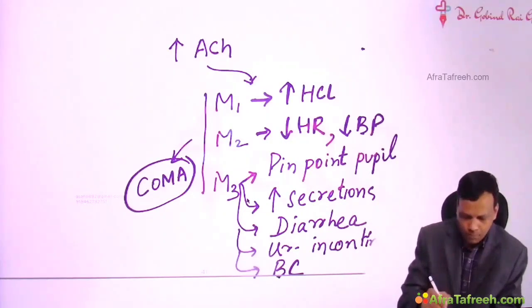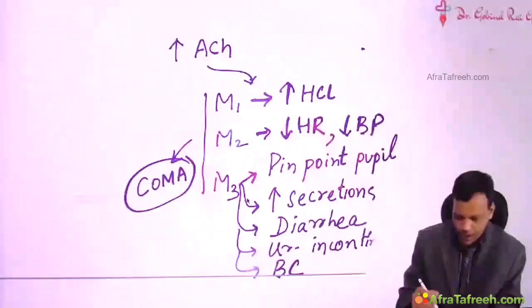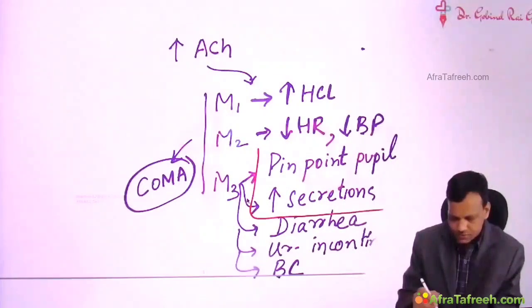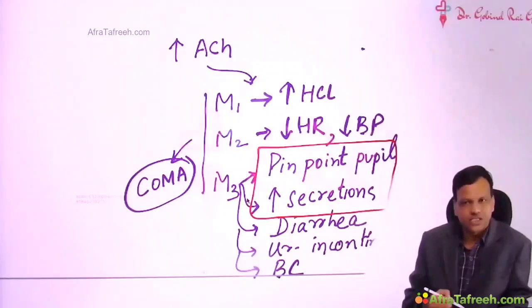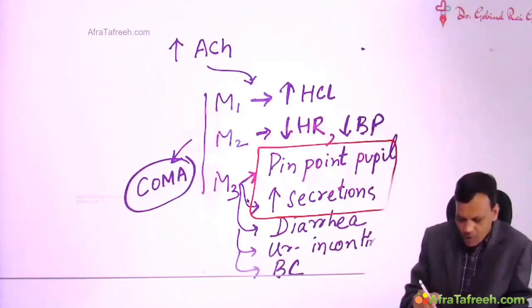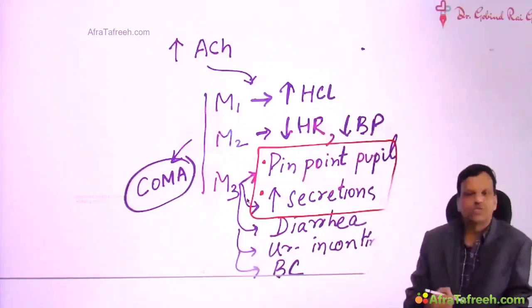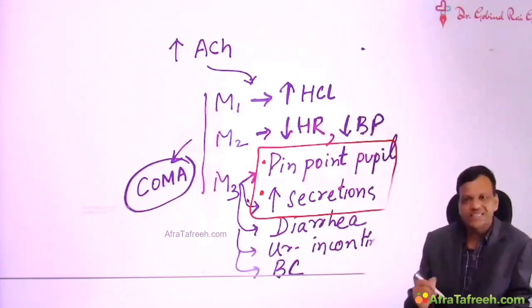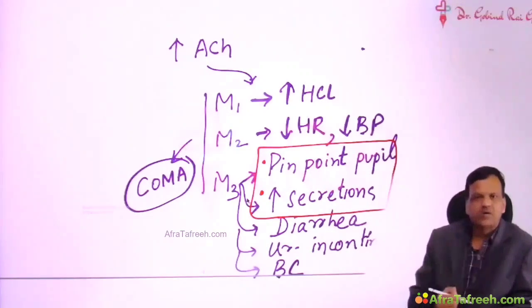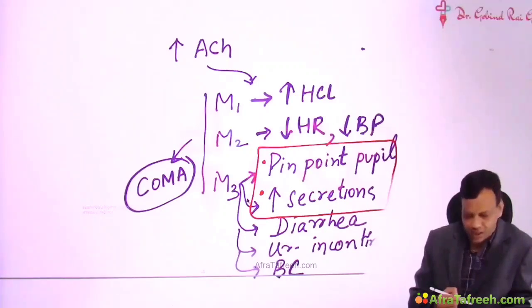Now, most important among these to remember are these two symptoms. Pinpoint pupil with increase in secretions. Remember, no other poisoning causes a combination of these two symptoms. If both of them are present, you need not study anything else. The answer will always be acetylcholine esterase inhibitor poisoning. Pinpoint pupil plus increase in secretions.